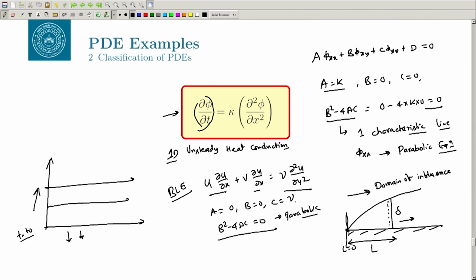Okay, is your domain of influence. It will only propagate in the rightward direction, right. The left side does not know what is happening on the right, but the right side depends on the left side. That is your domain of influence, right. Just like we said that what happens at T equal to T 1 or T 2 in the case of heat conduction depends on whatever disturbance you put at T equal to T 0.